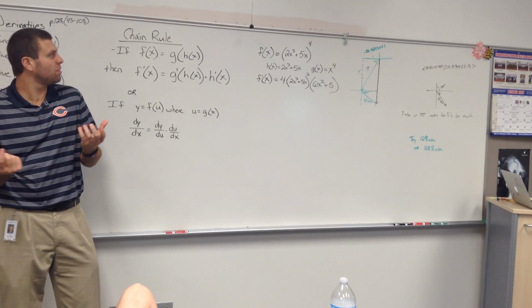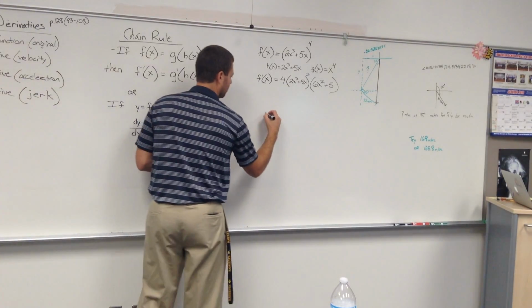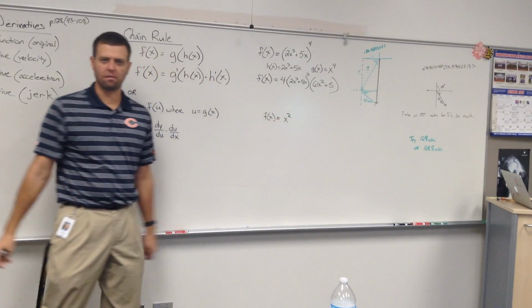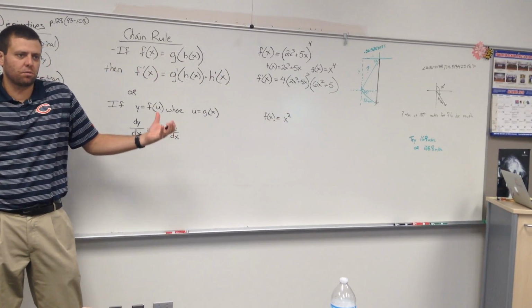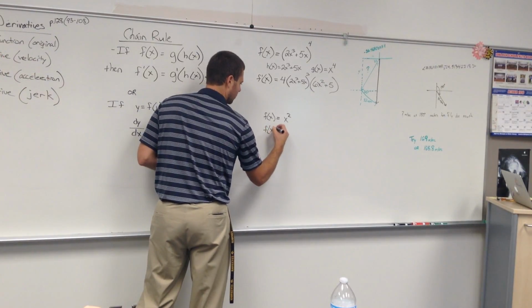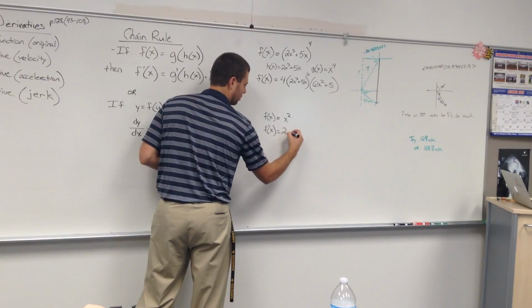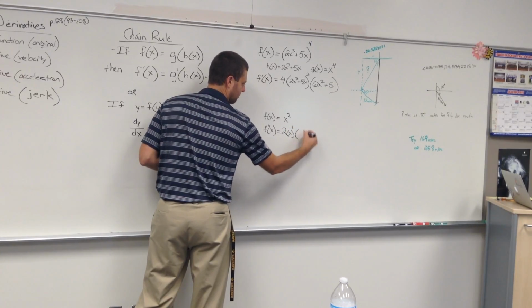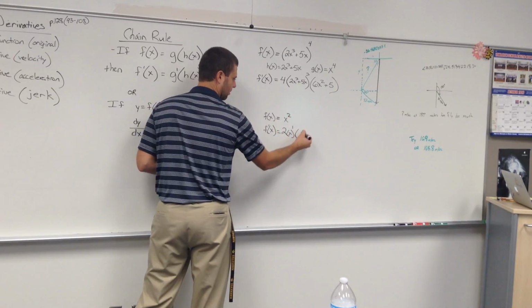You're actually kind of using the chain rule even when you did the derivative of x squared early on. We just didn't know it. That'd be like 2 x to the first times, what's the derivative of x? 1.